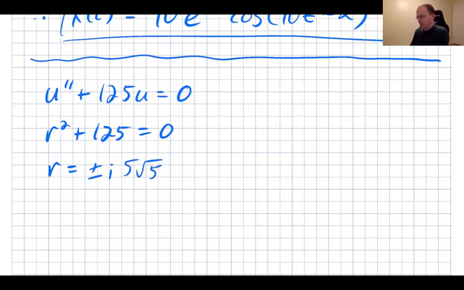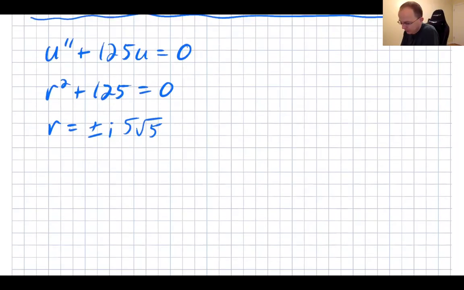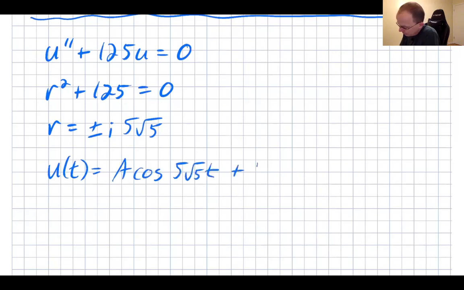Okay, so now we have our solution. u of t is equal to a cosine 5 root 5 t plus b sine 5 root 5 t.